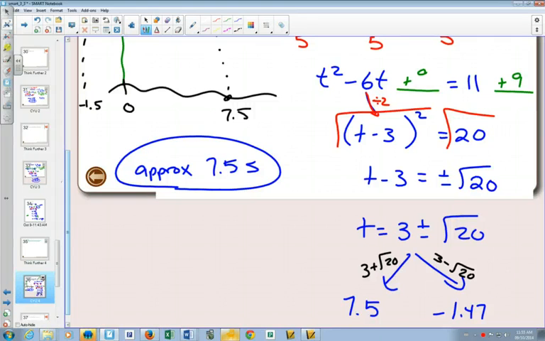What's that in green up there? The plus 9 that never appeared completely? Yes. The plus 9 comes from completing the square. If I think about t minus 3, t minus 3, and I think of this as FOIL, the last terms have to be a 9 in order to make that a perfect square.